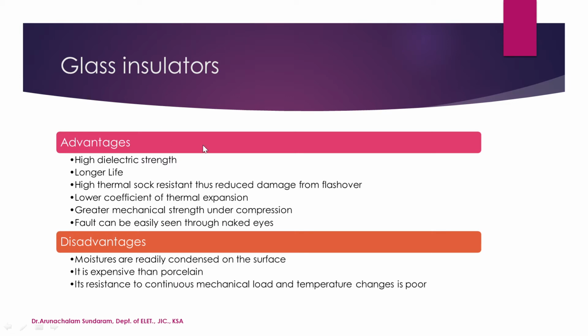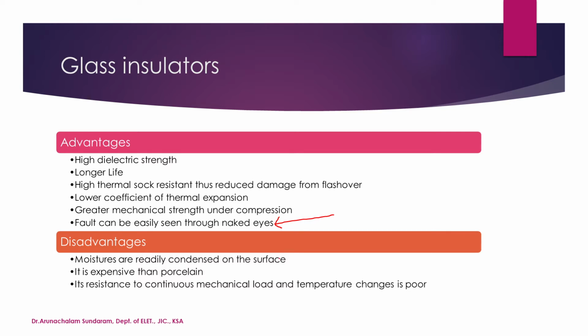Advantages: it has high dielectric strength, longer life, shock resistance, thermal expansion is more, and mechanical strength is good. The most important thing is this: if there is a crack in the glass, it is visible to the eye. If there is a problem inside the glass, we can see it. But if there is a problem inside the porcelain, if there is an air space, we cannot see it. So this is a great advantage of glass.